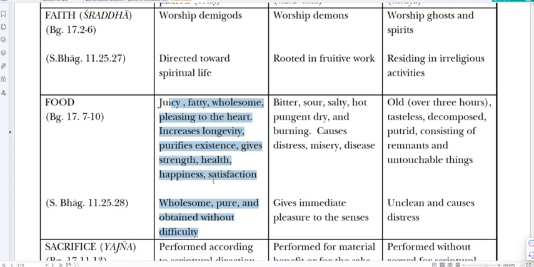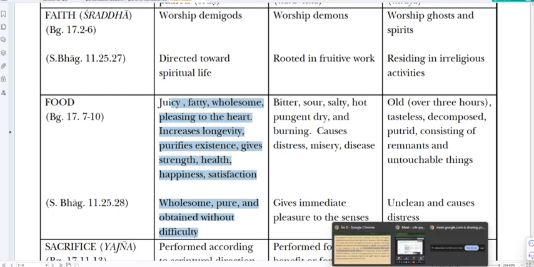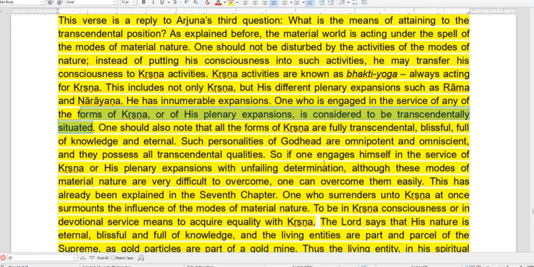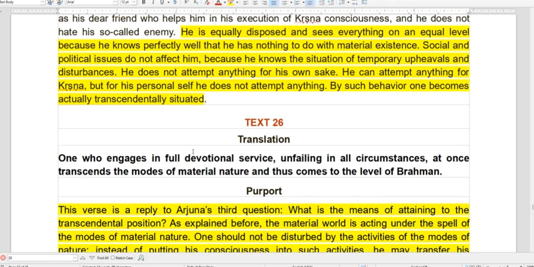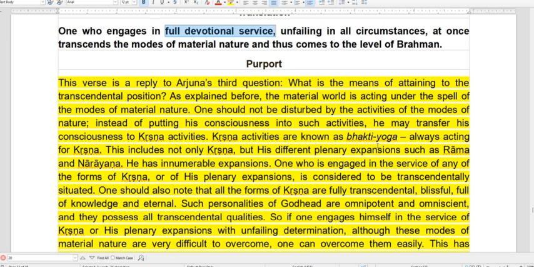So this is Sattva. There is another mode which is spiritual, which is called Shuddha Sattva. So now here when we are reading, one who engages in full devotional service means one who does bhakti yoga, always acting for Krishna.